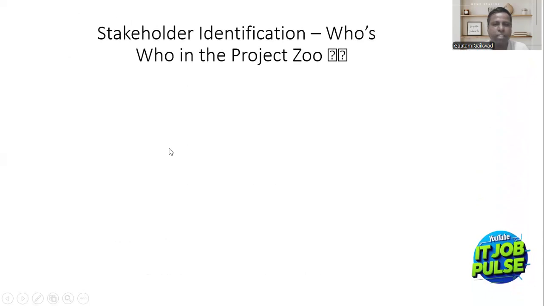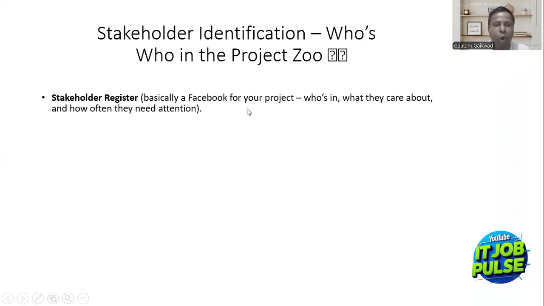So next one is stakeholder identification. Who's who in the project zoo? It's not a zoo, but it's written in a funny way. So which stakeholders are part of the project? That is nothing but the stakeholder register.